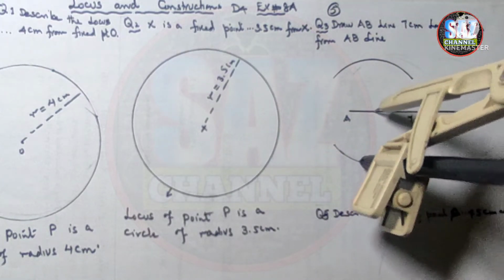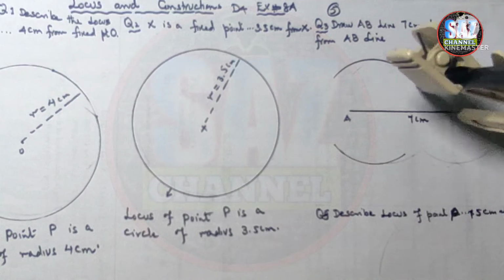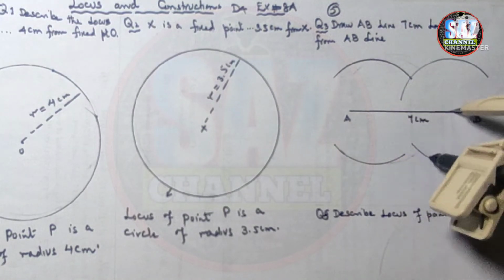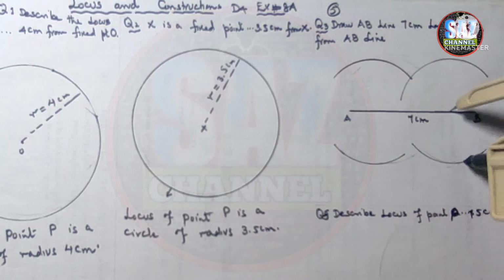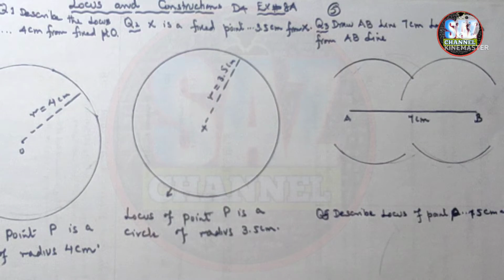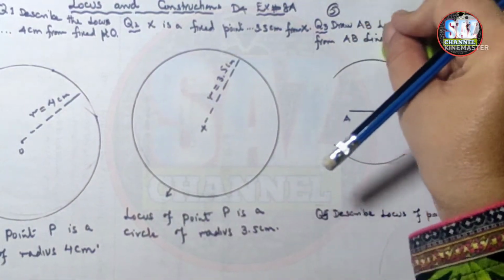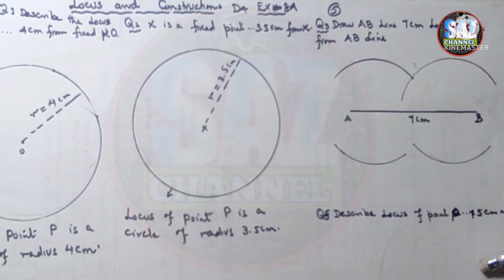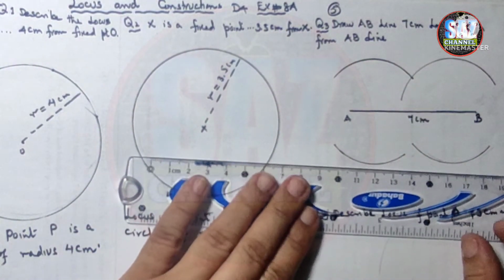Now, again repeat the process. This can give me the height. Now, this distance will always remain 3 centimeters. I hope you are really clear why I am drawing all these arcs. These arcs will help me in maintaining this distance.